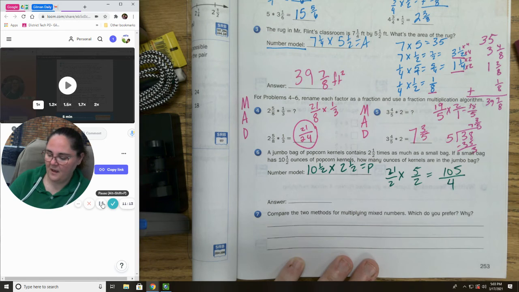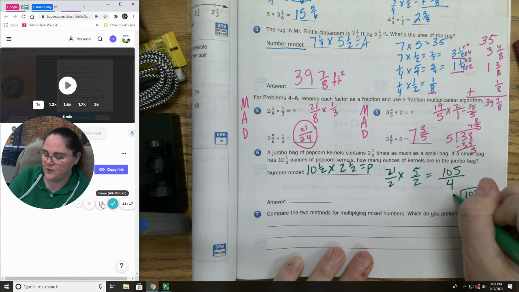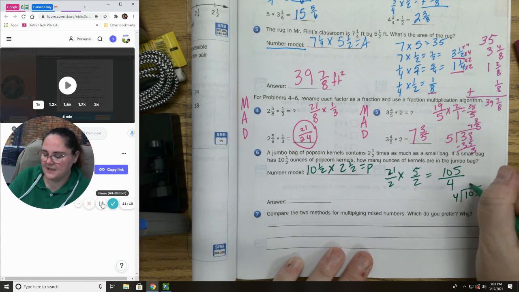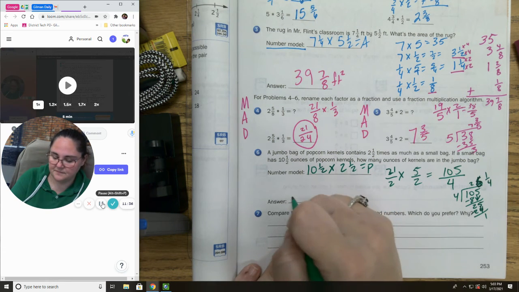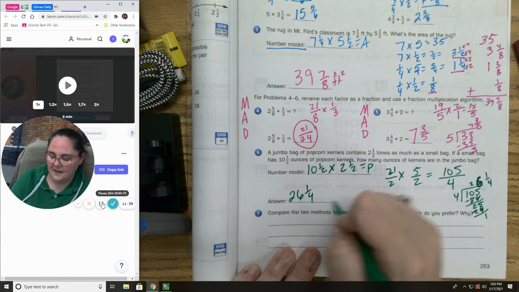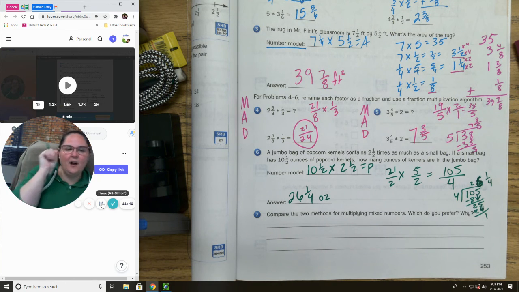Okay? 105 divided by 4. 4 goes into 10 2 times with 2 left over. 4 goes into 25 6 times, with 1 left over. So 26 1/4 ounces. 26 1/4 ounces. If you got that right, awesome job.